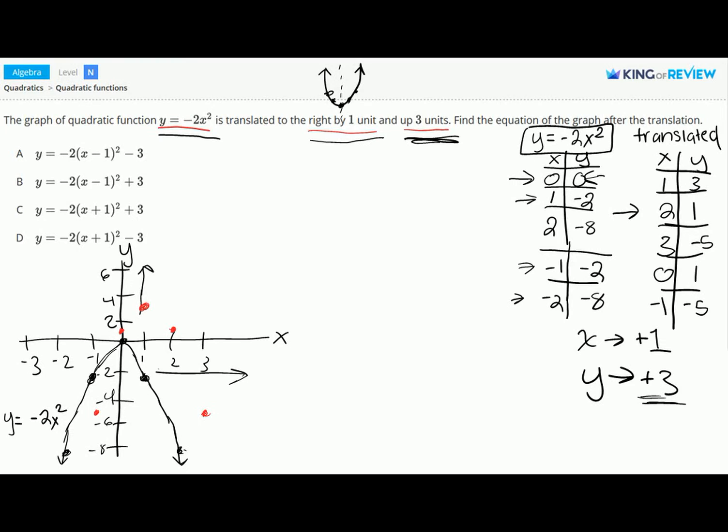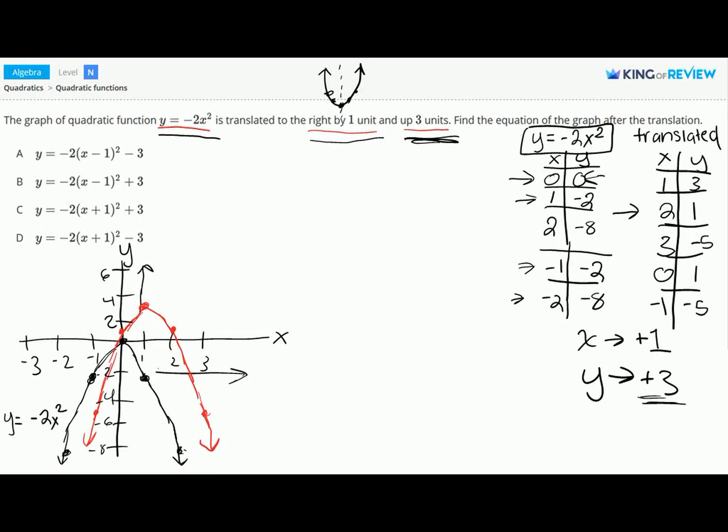So now we can fill in this parabola. So the graph in red is the translated function, and the graph in black is our parent function.